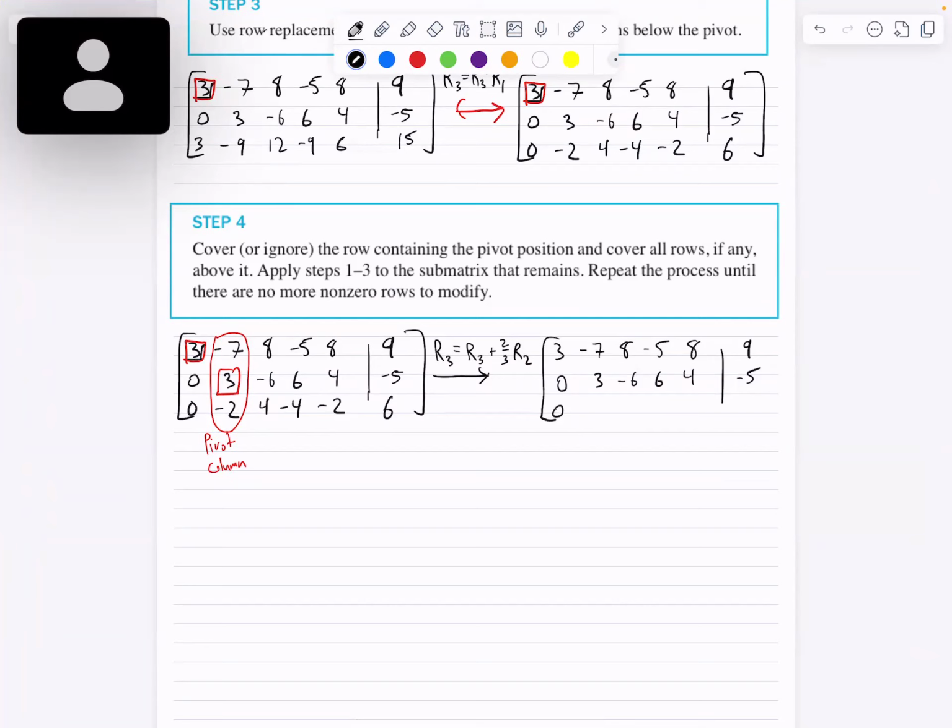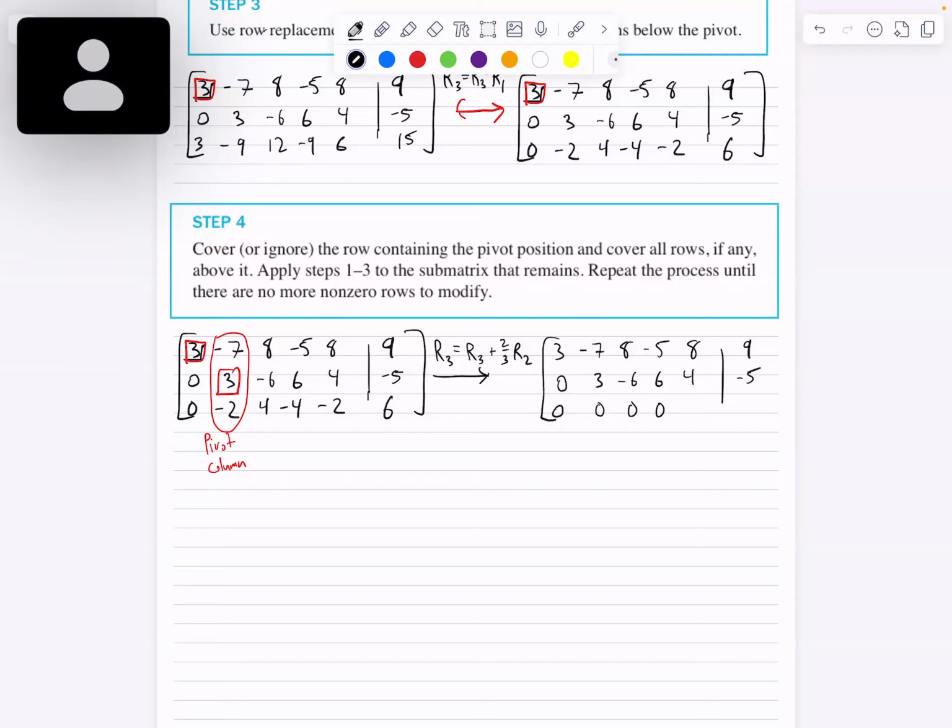Woof. Okay. So 2/3 of row 2. So divide that by 3, I get 0. Divide that by 3, you get 2, and then times by 2 is -4, so that's going to give me a 0. And then that'll also give me a 0.